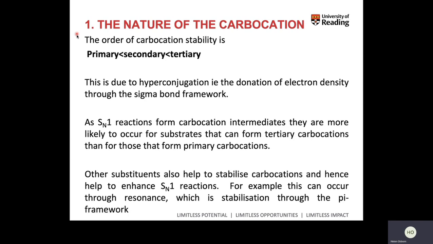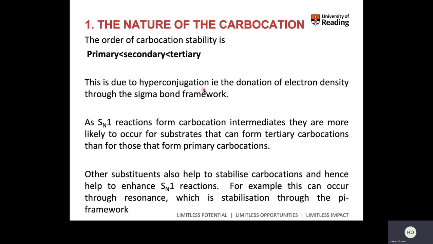So if we're thinking about the likelihood of the SN1 being based on the stability of the carbocation, we need to think what makes a carbocation stable. The order of carbocation stability is that a primary carbocation is less stable than a secondary, which is less stable than a tertiary. This is due to a phenomenon called hyperconjugation.